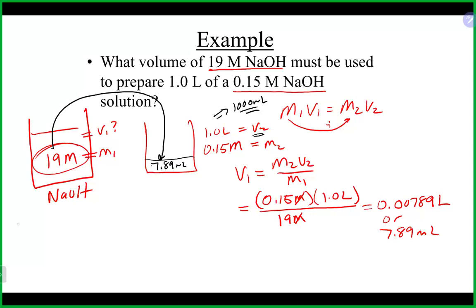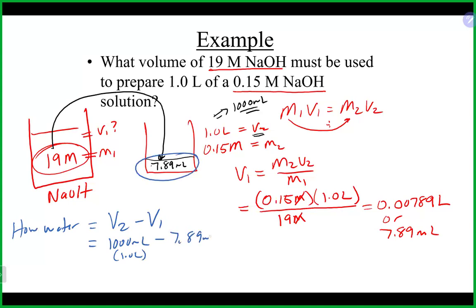And how much water in this case would be usually V2 minus V1. So we know that V2 is 1,000 milliliters or 1 liter, minus what I already put in there, which is 7.89 milliliters. And that will tell me that I should put in there 992.11 milliliters of water with it.